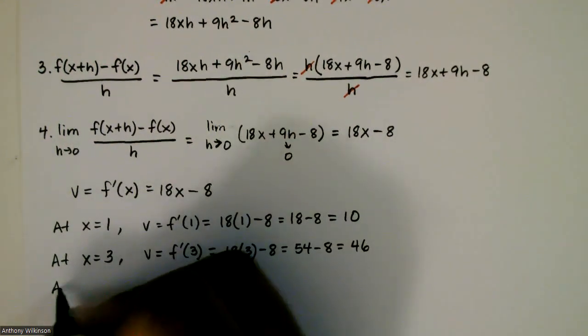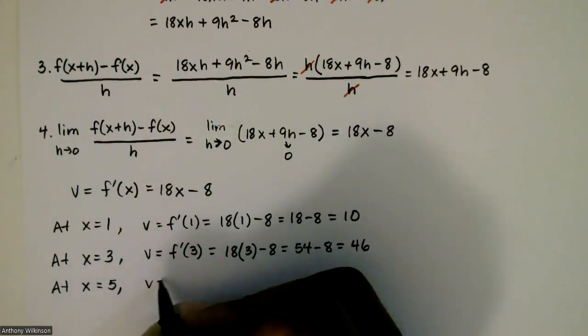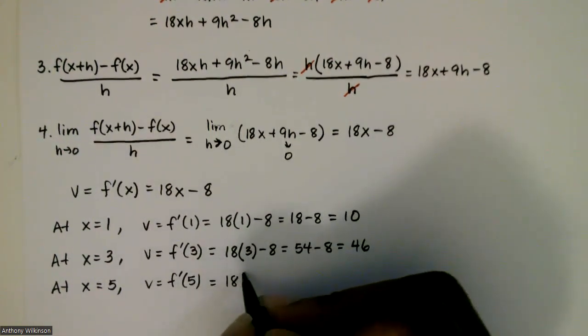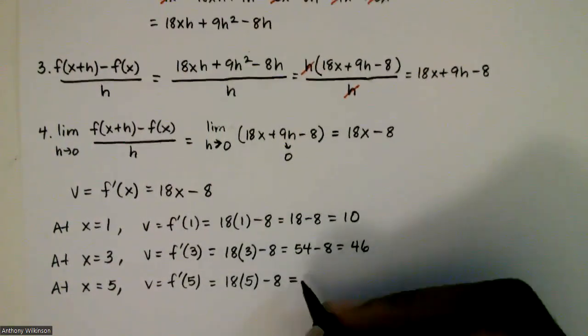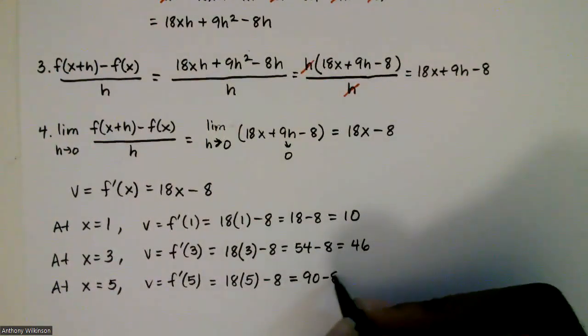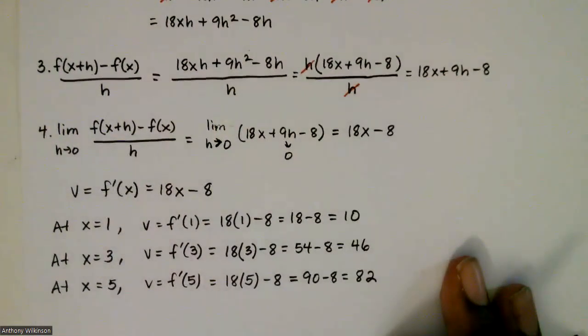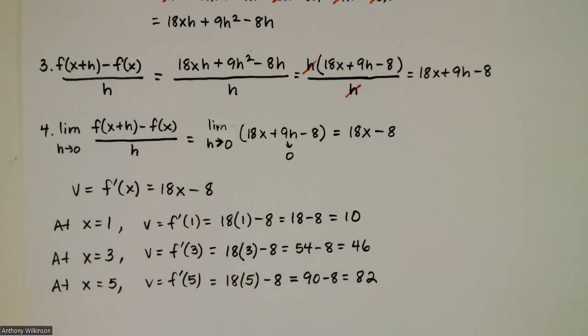And then at x equals 5? The velocity will be f prime of 5, which will be 18 times 5 minus 8. 18 times 5 will be 90. 90 minus 8 would be 82. So this will be 82 feet per second for the velocity.